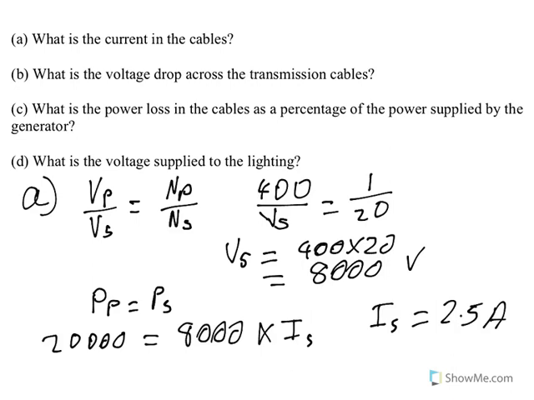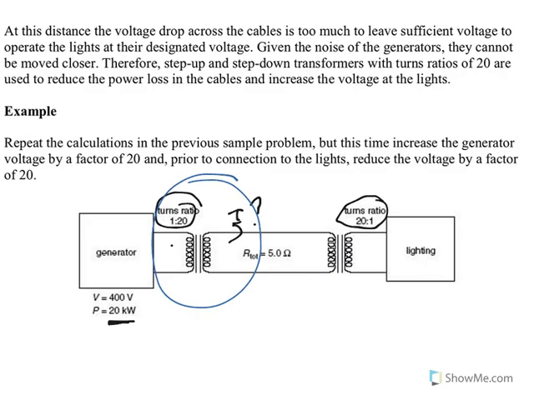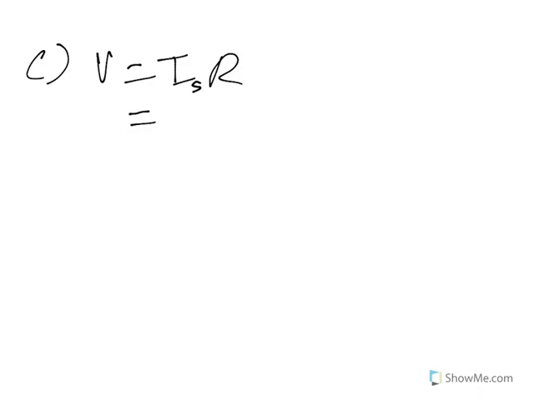All right, so B, what is the voltage drop across the cables? When we're looking at that, V equals IR. The current in the cables is the current in the secondary, and the resistance of our cables, we're told, is 5 ohms.